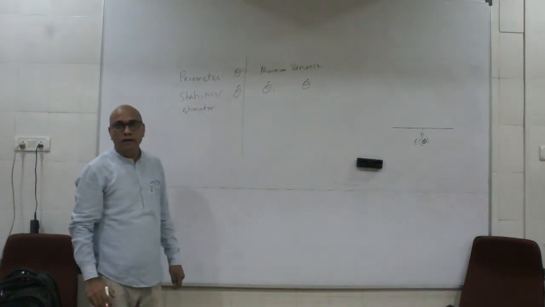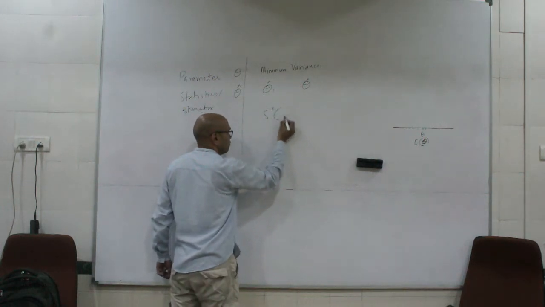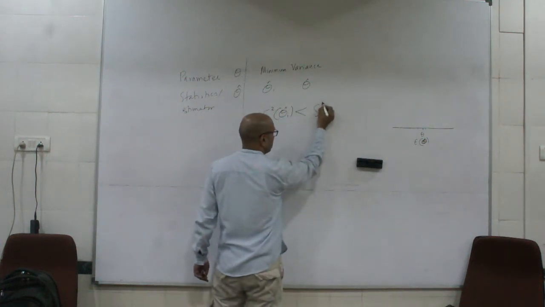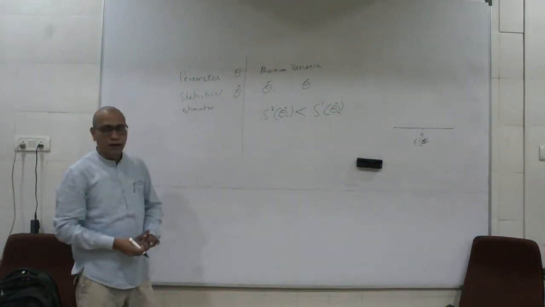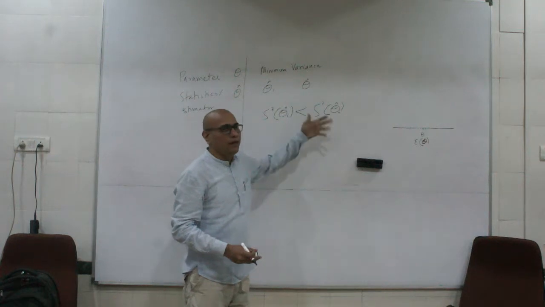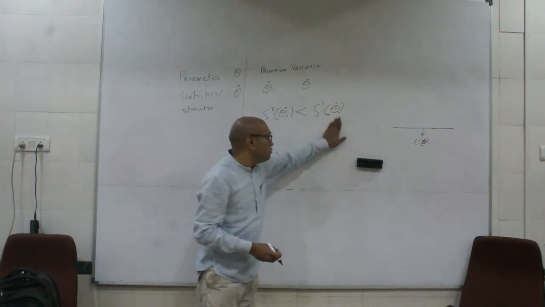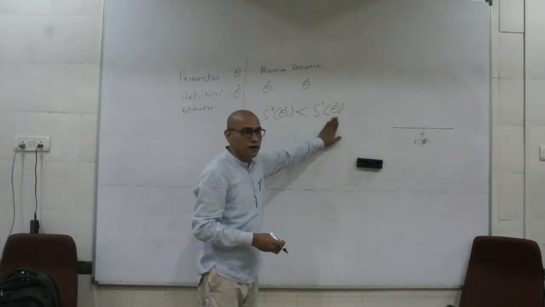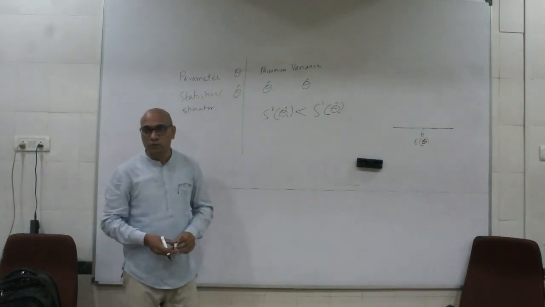If I can say that variance of theta hat 1 is smaller than or at the most equal to variance of theta hat 2, where theta hat 2 is any other estimator of theta, then theta hat 1 is called the minimum variance estimator.